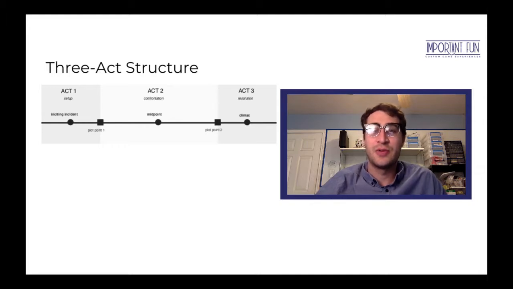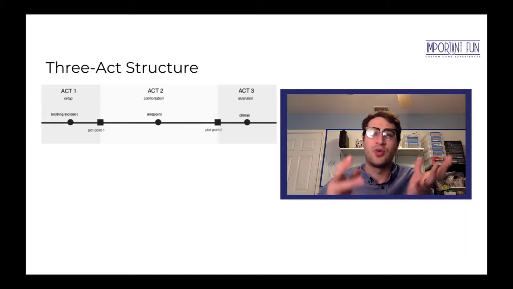So first thing I want to talk about is 3-act structure. This has become super popular, especially in Hollywood, with the publication of a book by a guy named Sid Field, all about screenwriting, and it's kind of become the blueprint for movies, especially in Hollywood in the latter half of the 20th century and today.